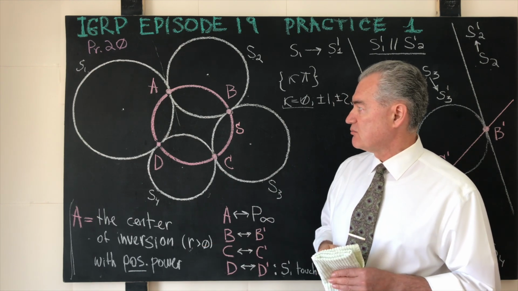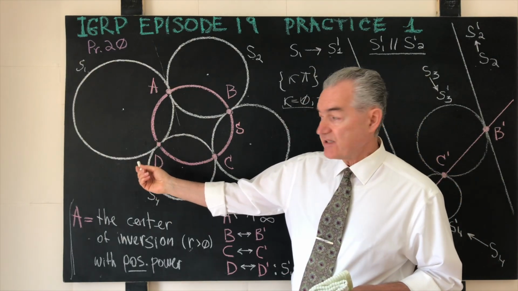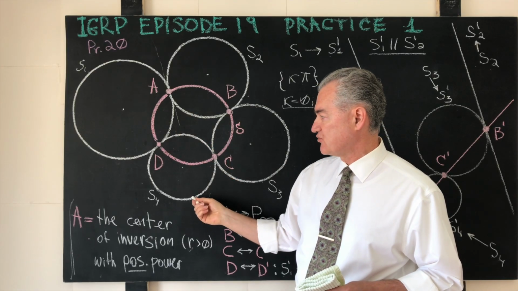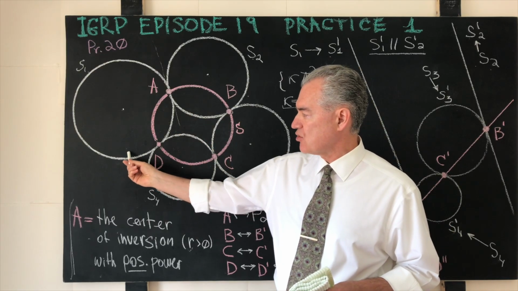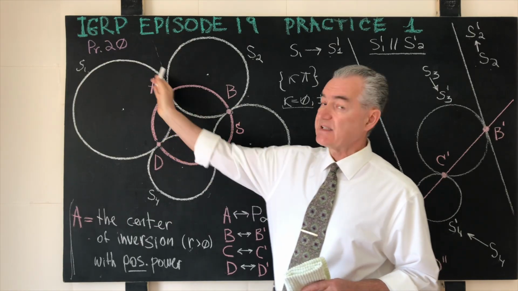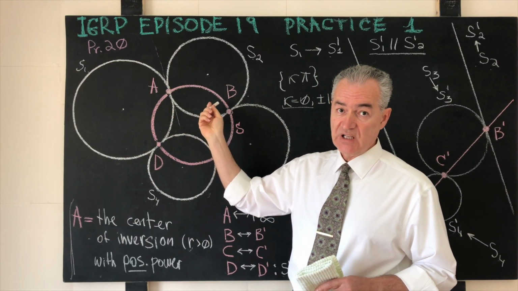In the animation that you're about to see, I made the given fixed coplanar distinct circles S1, S2, S3, and S4. I showed them in dashed line. They will stay fixed, but they will be shown in dashed lines. And then the circle of inversion will be shown in black.